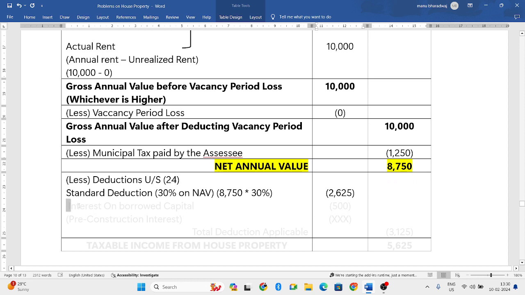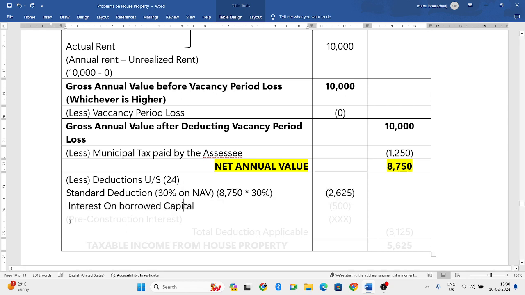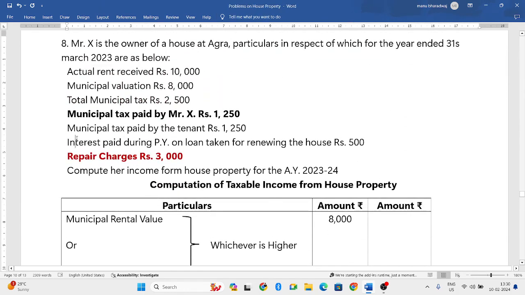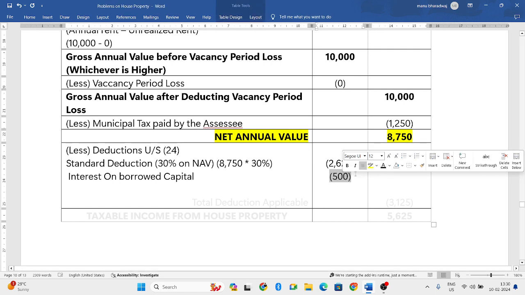The second deduction would be interest on borrowed capital. Interest on borrowed capital they have given directly in the question. Interest paid during the previous year on the loan taken for renewing the houses is 500 rupees. So 500 rupees is the interest on borrowed capital. That also will be given as deduction.